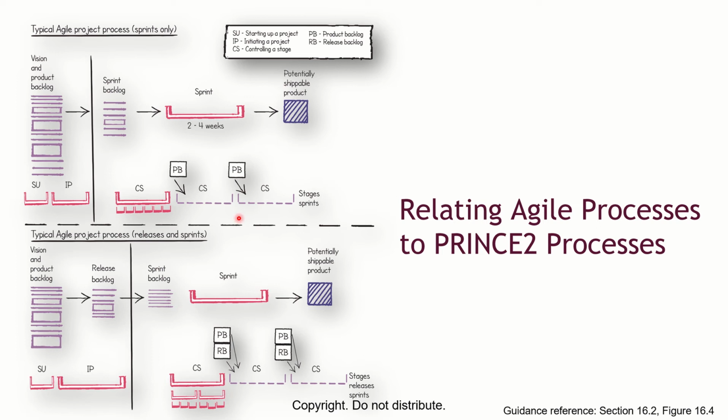Okay, when you have a project, let us look at a housing project, for example. You want to build a three-story building, and then you want to use Agile for it.